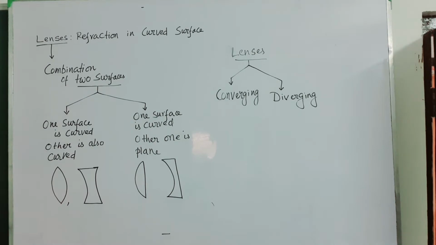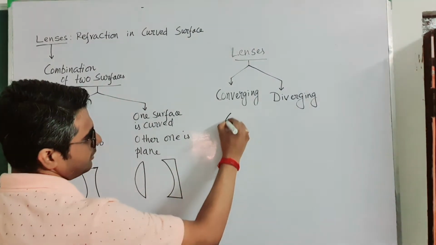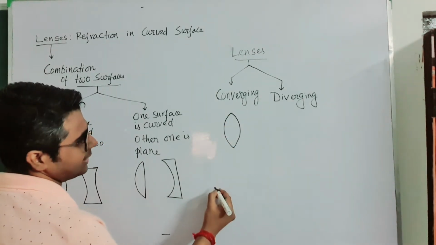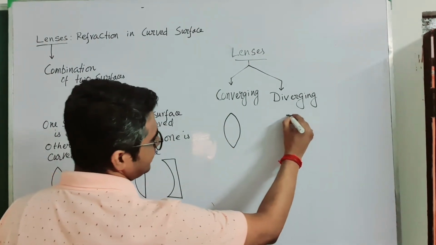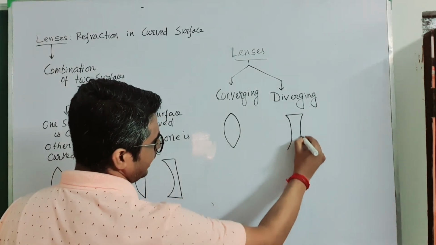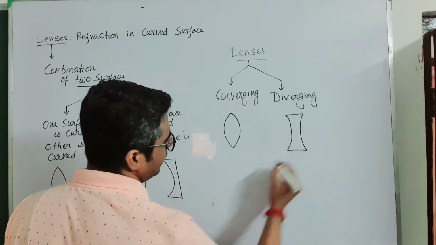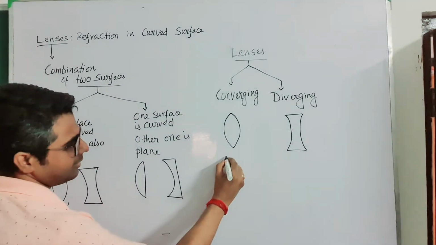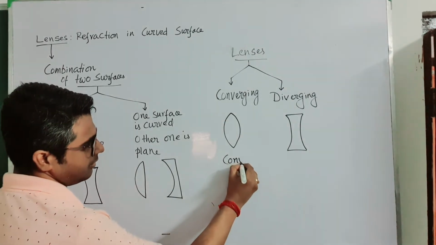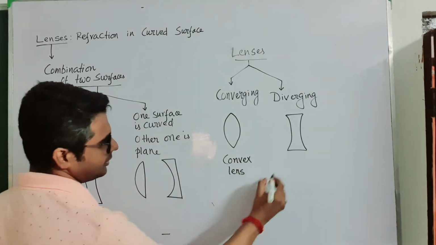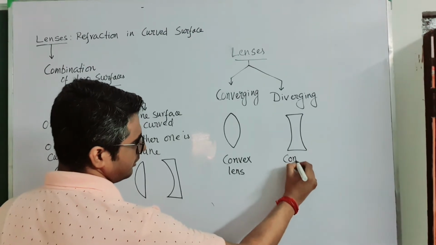Okay. Converging lens basically means convex lens. Convex lens are converging lens. Diverging lens are concave lens. So we will understand why it is called converging and why it is called diverging. So this type of lenses are called convex lens. This is called concave lens.